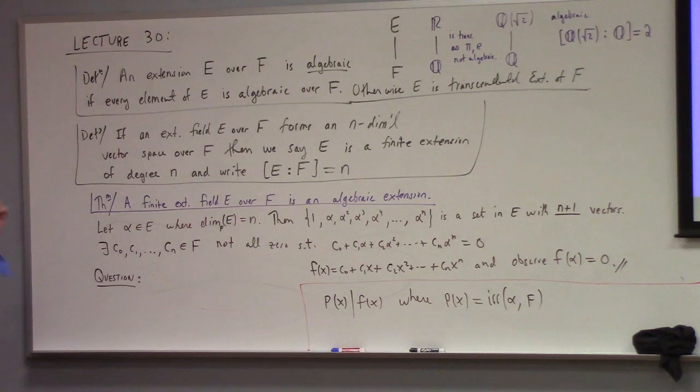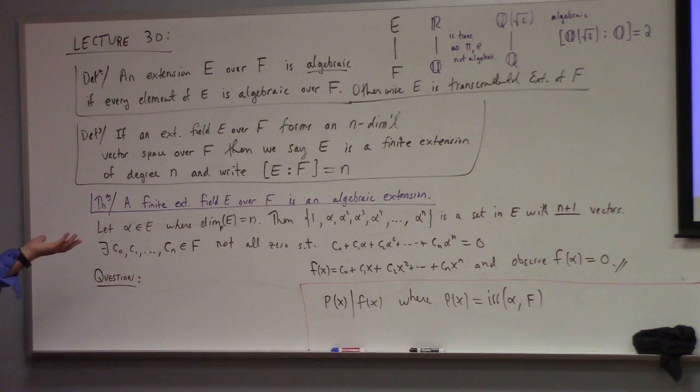But this f of x is not based on the particulars of the element. This is based on the degree of the extension. So what I'm trying to say is if I have a degree 4 extension, and I look at numbers inside that, unless I'm missing something, the numbers must have degree 1, 2, or 4.